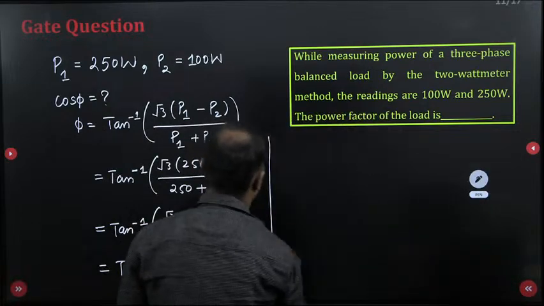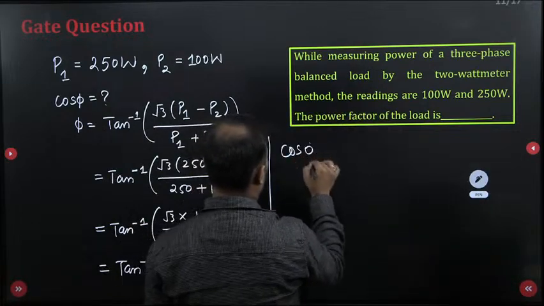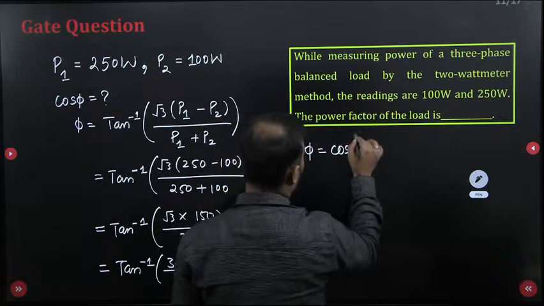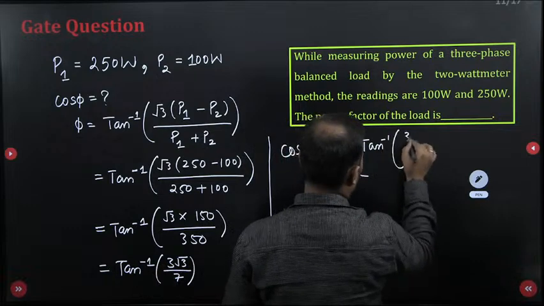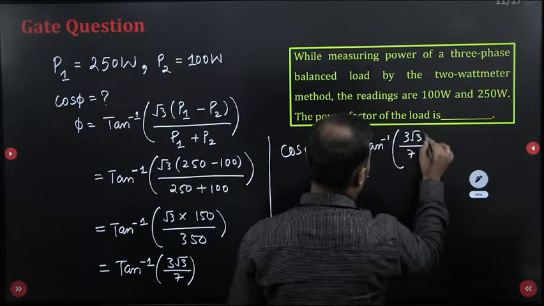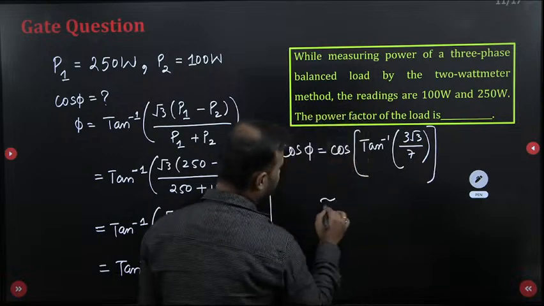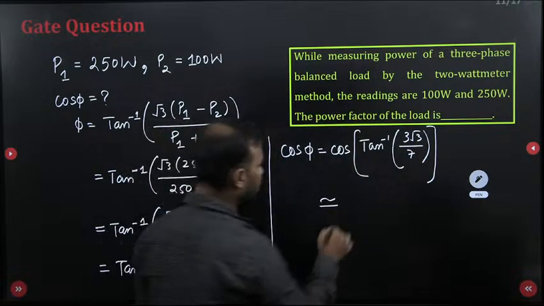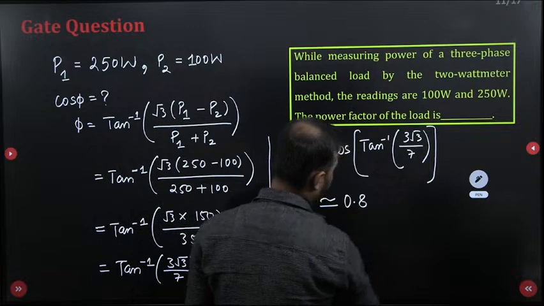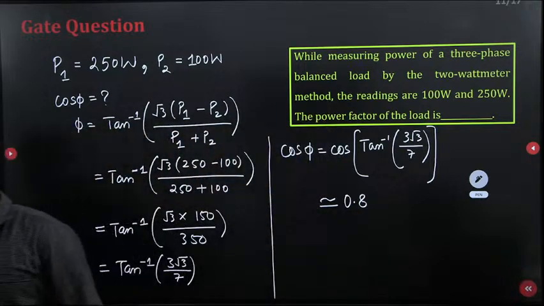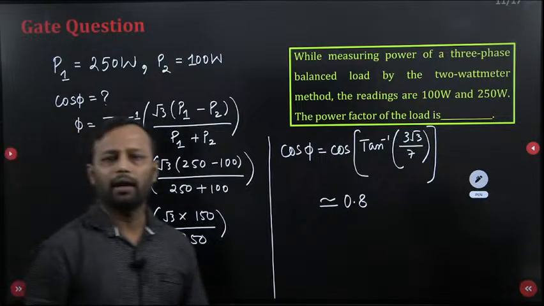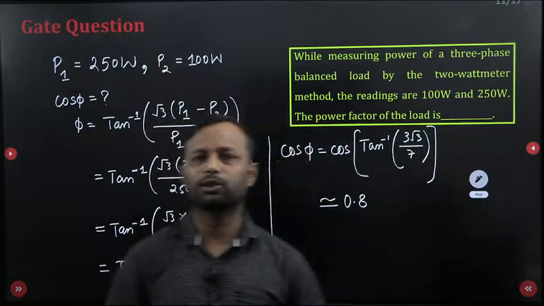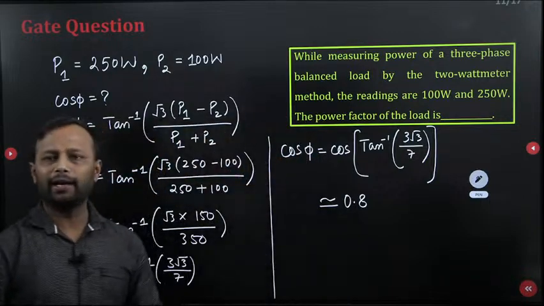So similarly for cos phi, this will be equal to cos of tan inverse 3 root 3 divided by 7. So when we solve this, we are going to get the cos phi as 0.8. Just a second. 0.8. Any doubt in this question? Is it clear? Any doubt in this question?